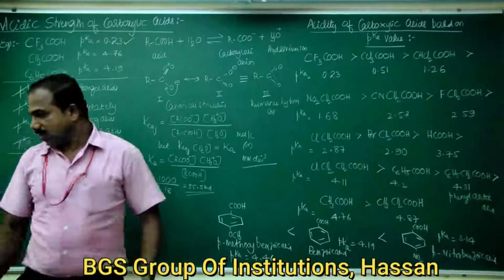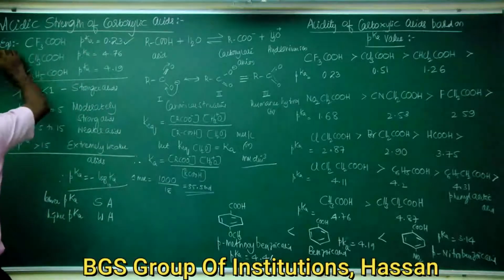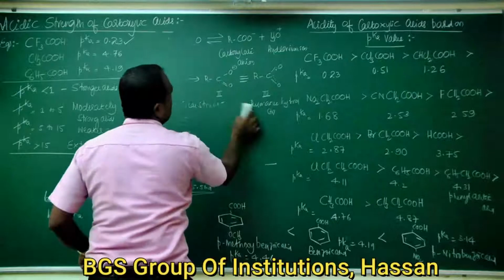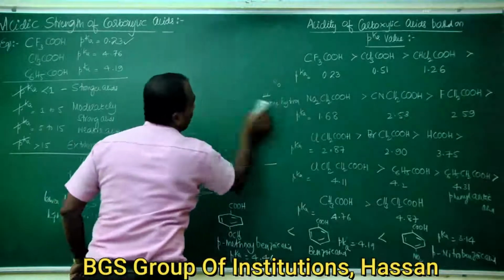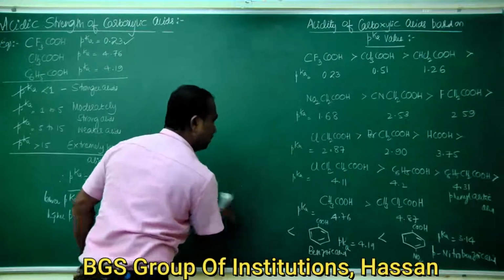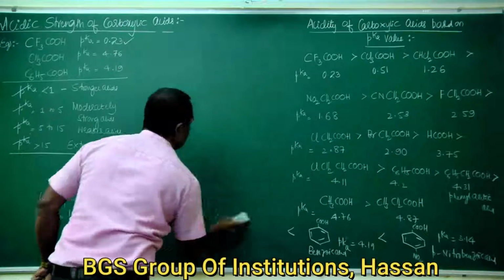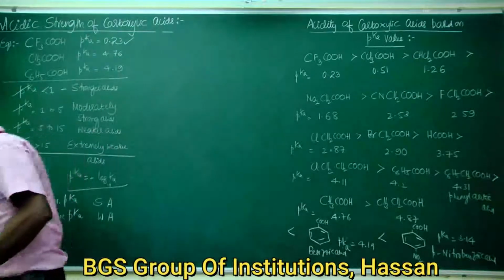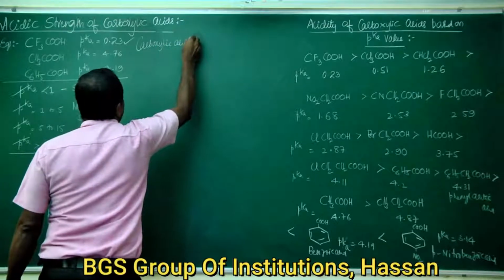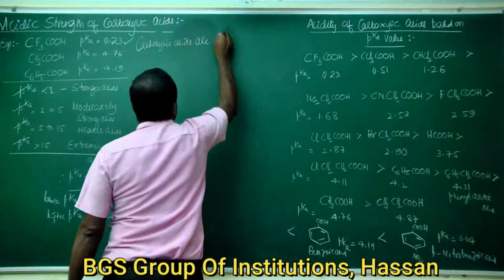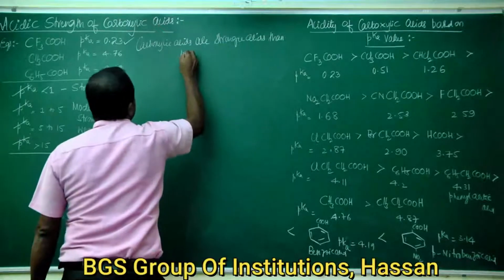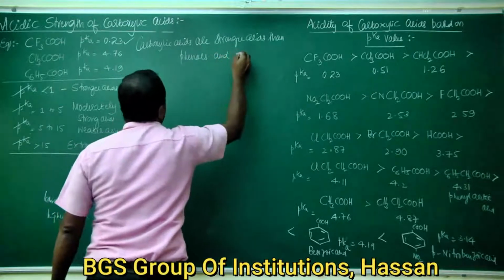Okay. So next, carboxylic acids are stronger acids than phenols and alcohols.